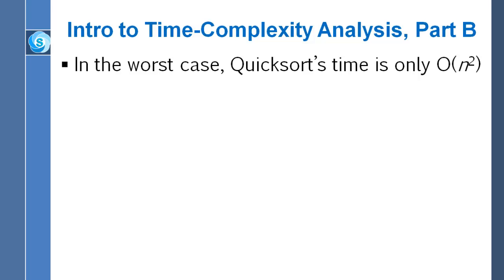All right, in other words, the same kind of deal that we have with bubble sort, selection sort, and insertion sort. The time required to execute quicksort, in the worst case, is big O n squared. Now, it may not have hit you yet, but think about this. When n is big, n squared is a lot bigger than n times log n, right?